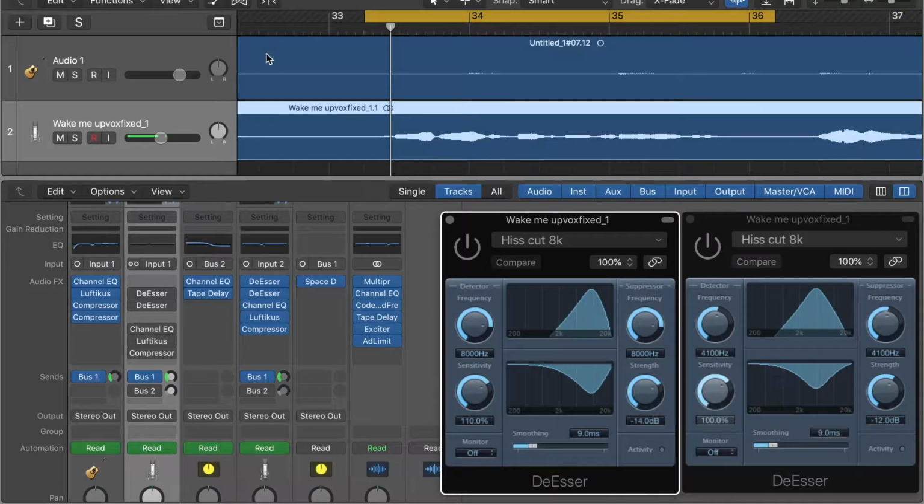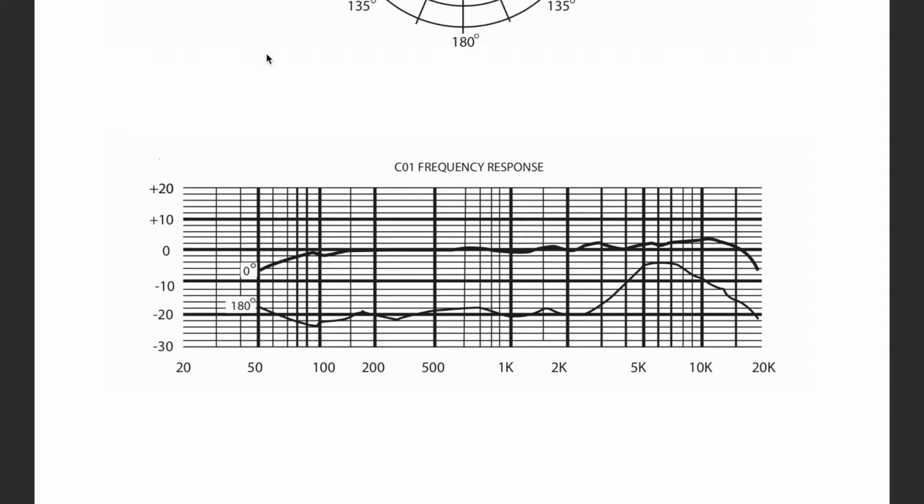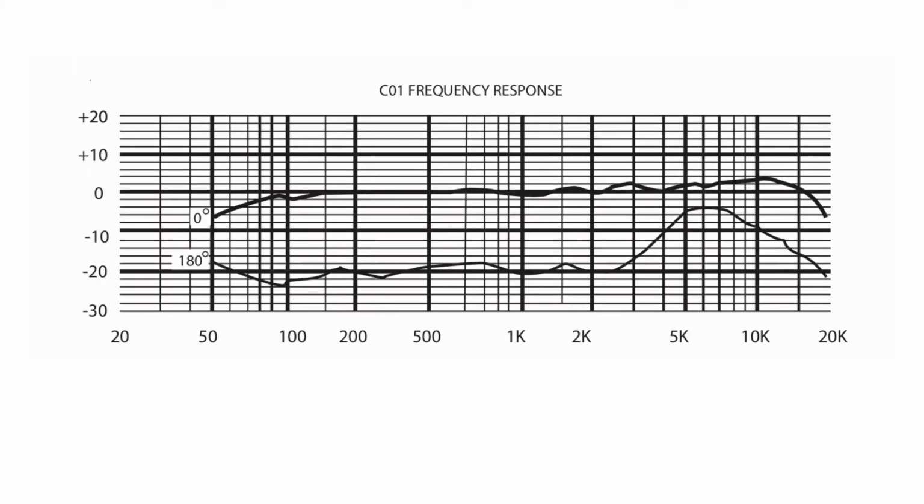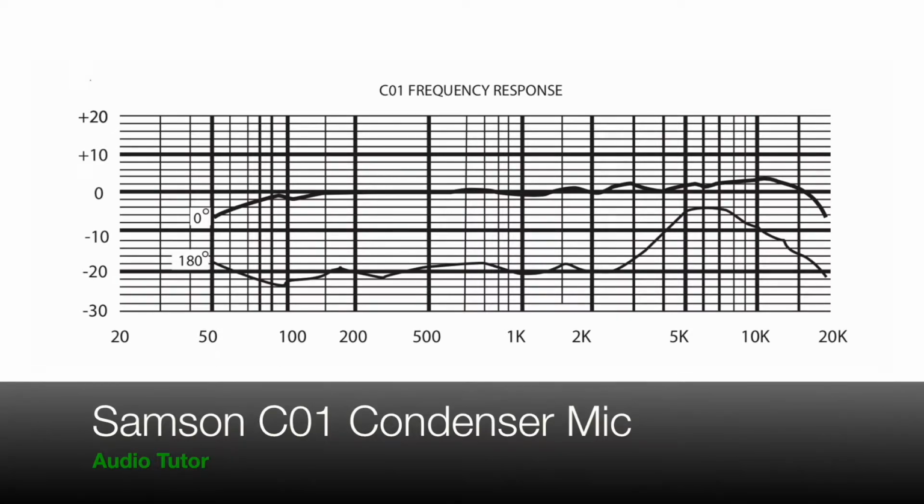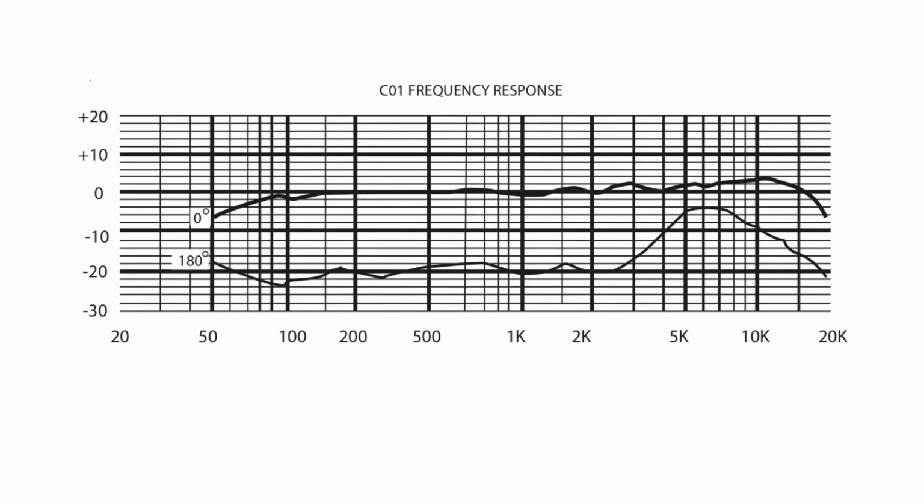Well, let's have a look over here at the CO1 frequency response chart. The Samson CO1 was the condenser microphone used to record the vocal in this mix that we're going to be listening to in a second. You can ignore the 180 line here, but the 0 degrees one is the frequency response of your microphone.